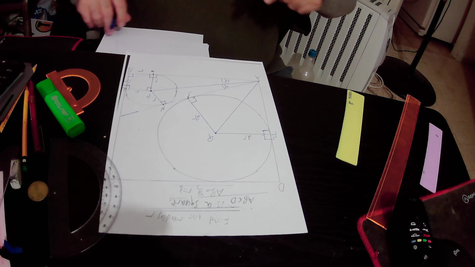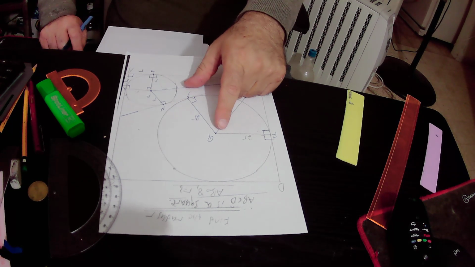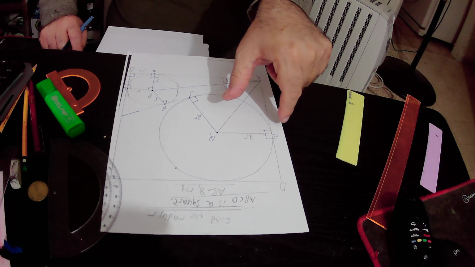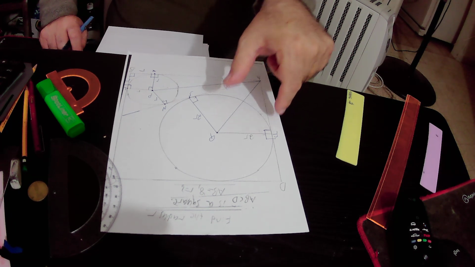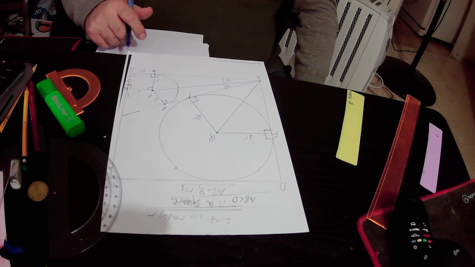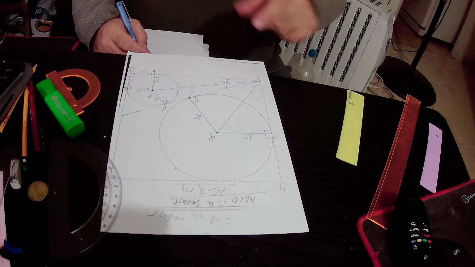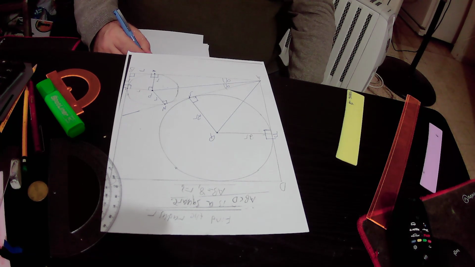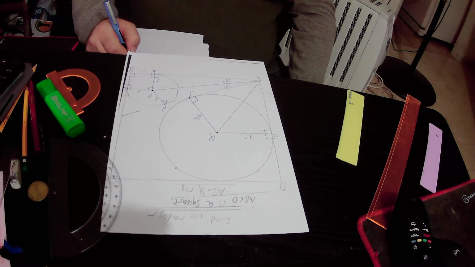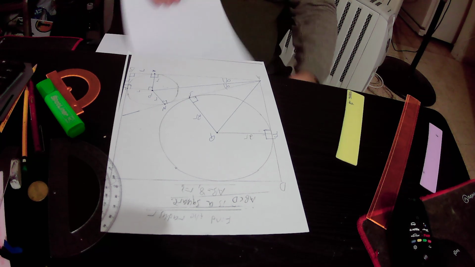Also, we know that this is the radius of the big circle, it equals 2r, and this is also the radius of this circle that also equals 2r. So QS equals FQ equals the radius of the big circle that equals 2r. Okay?